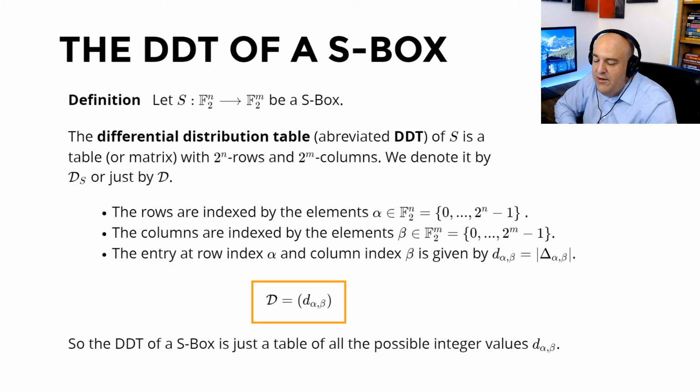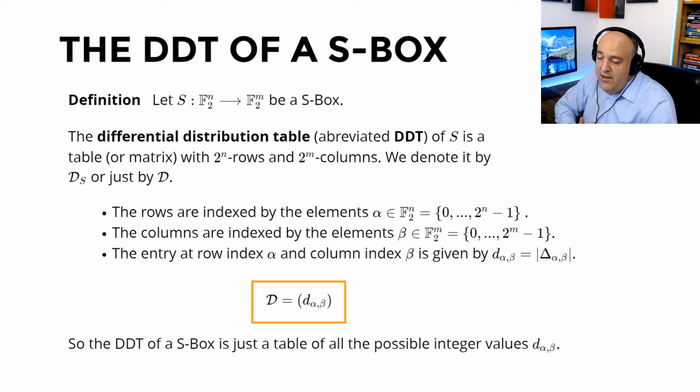But we usually just write D. So the rows of this table are indexed by the elements alpha in F2^n, in other words, integers from 0 up to 2^n minus 1. And the columns are going to be indexed by the elements beta in F2^m, which are integers from 0 up to 2^m minus 1.